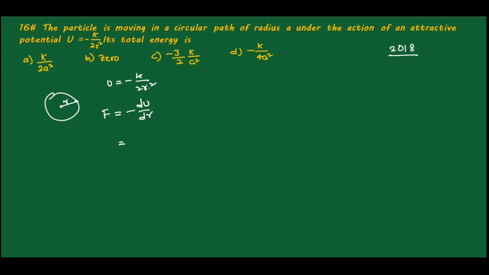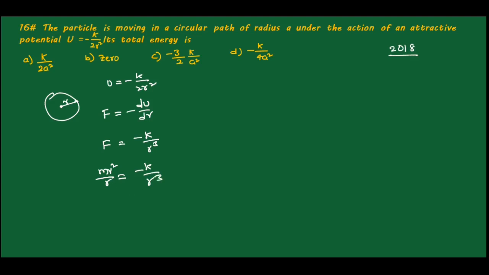If I differentiate this r square, then I will get the answer like this, minus k by r cube. Now this F is nothing but the centripetal force, which is given by mv square by r, that equals minus k by r cube.